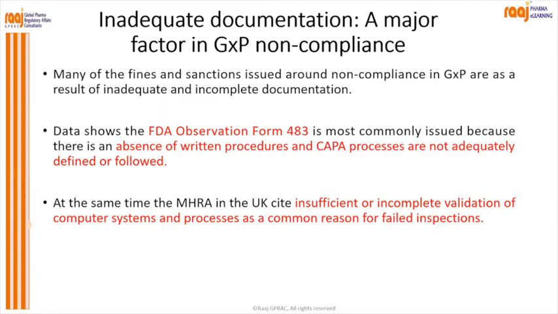And if health authorities like MHRA or FDA or TGA find that you have insufficient or incomplete validation, or insufficient processes, or computer system validation, or anything, that will become a reason for a field inspection and you will get a warning letter.